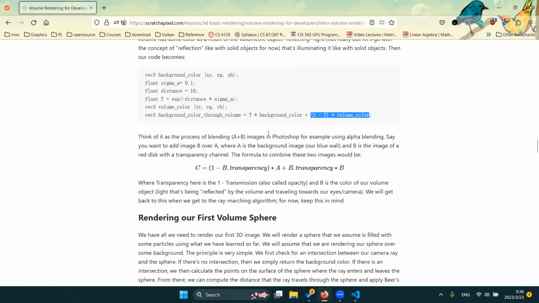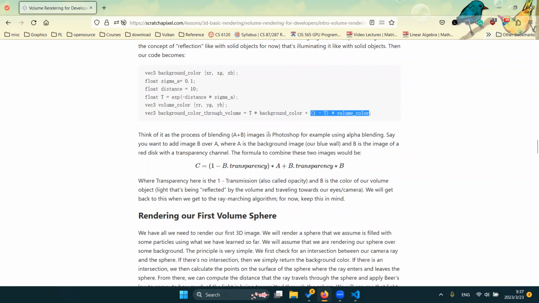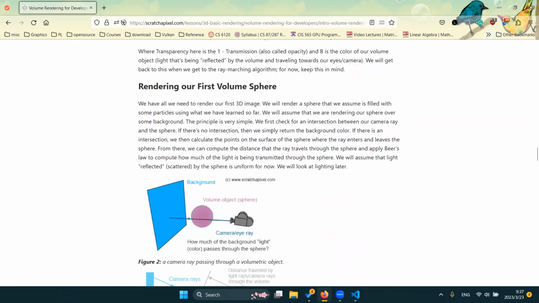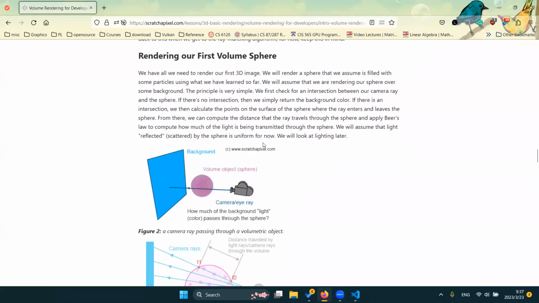Yeah, the next snippet is multiply. Rendering our first volume sphere. First check for intersection between our camera ray and the sphere.